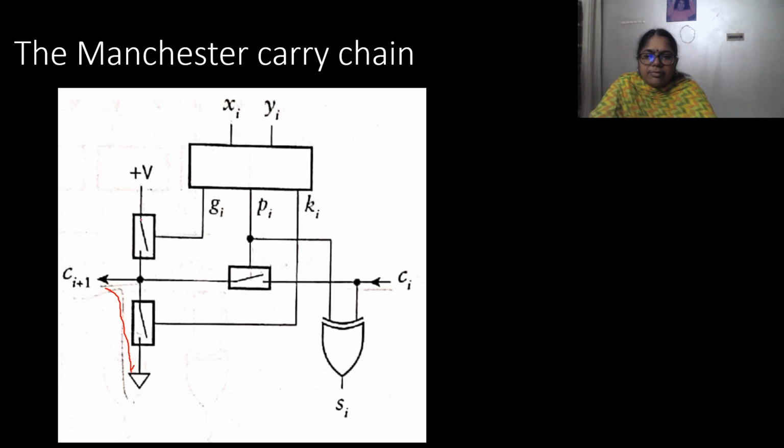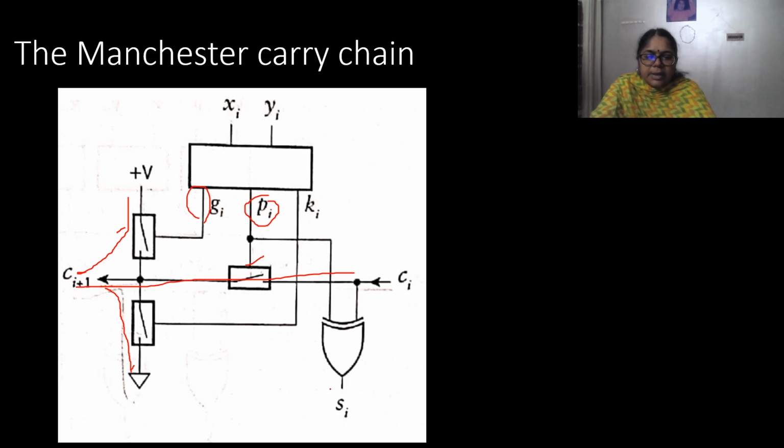Similarly, if Pi = 1, then this Pi is controlling this particular switch. If Pi = 1, this switch is on, so that Ci is going to be propagated to the output, or Ci+1 = Ci. Similarly, if Gi = 1, this Gi is controlling this switch. So, when Gi = 1, the switch is on, and the new carry is going to become logic 1 by charging through this particular switch.